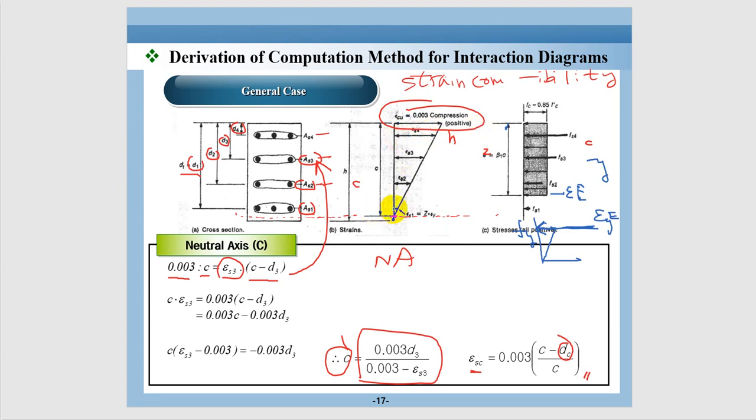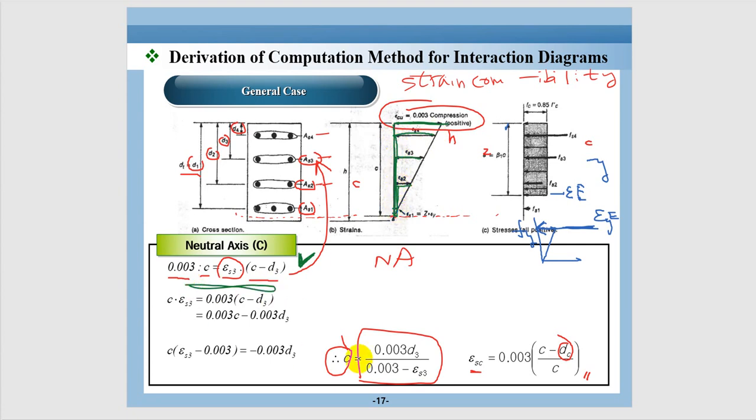Here we have 4 layers of levers, which can be easily calculated as long as you know epsilon cu, the maximum usable concrete strain, assumed to be 0.003 here, using similar triangles and these equations. Take a look at this equation for a few seconds. See, this versus this is equal to this versus this, or this versus this, whatever.